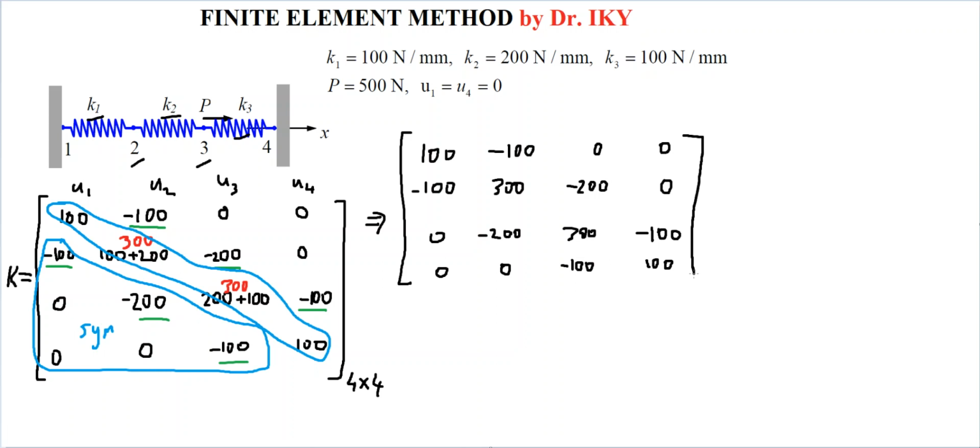and to define nodal deformations, you will write U1, U2, U3, U4, and we will have again F1.